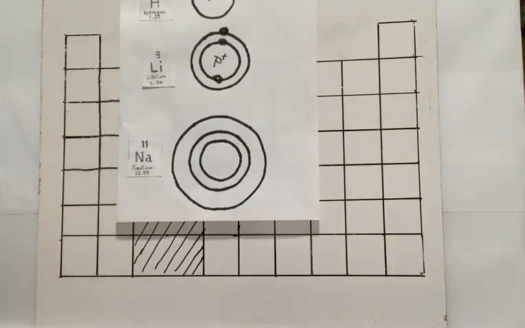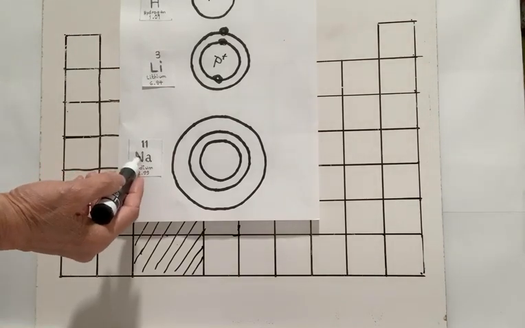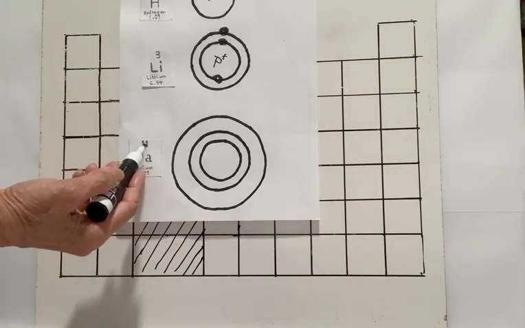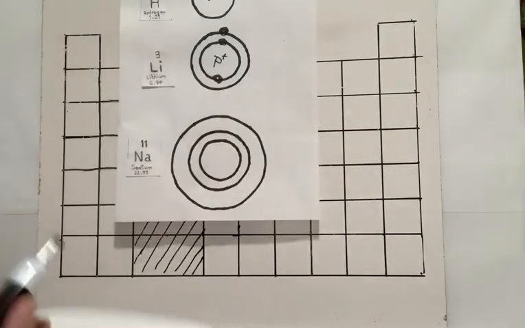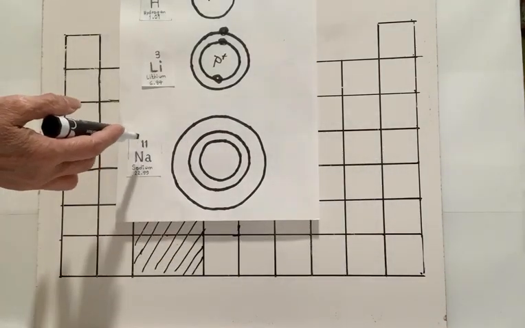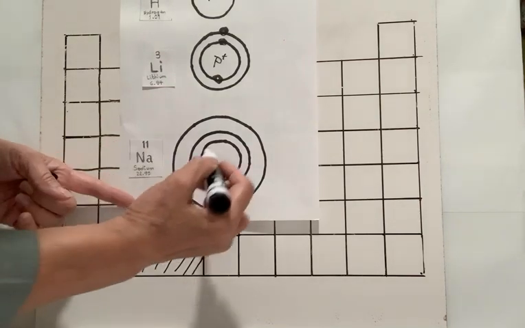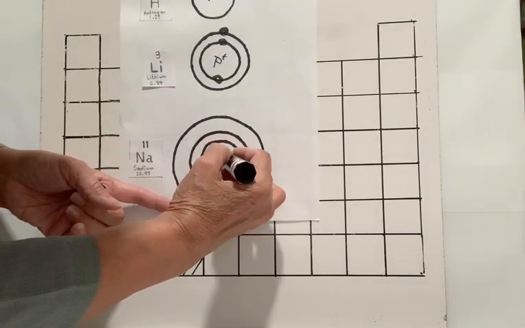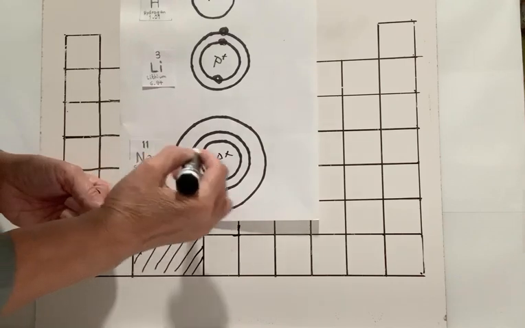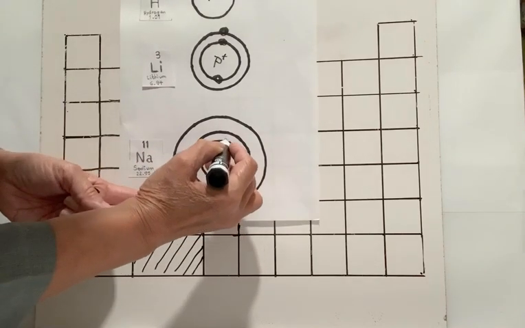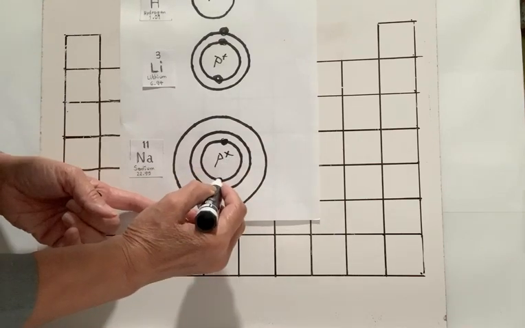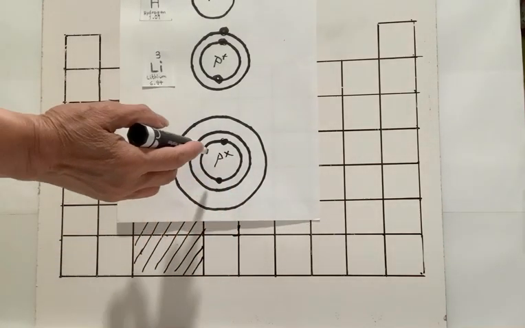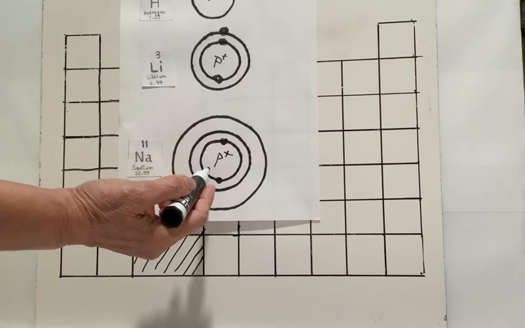Okay, sodium, under lithium, has atomic number 11, therefore 11 protons again and 11 electrons. Again, the first 2 will occupy the first energy level. So 11 minus 2, there are still 9 electrons, right?